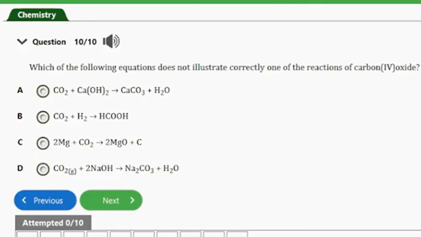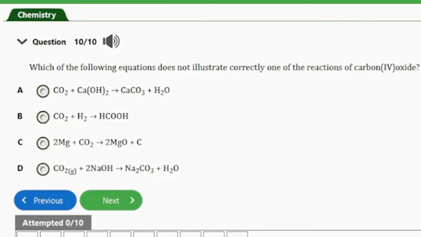It says, which of the following equations does not illustrate correctly one of the reactions of carbon 4 oxide? So we see these equations here. All right, so we've seen option A here, option B here, option C here, and then option D here as well.